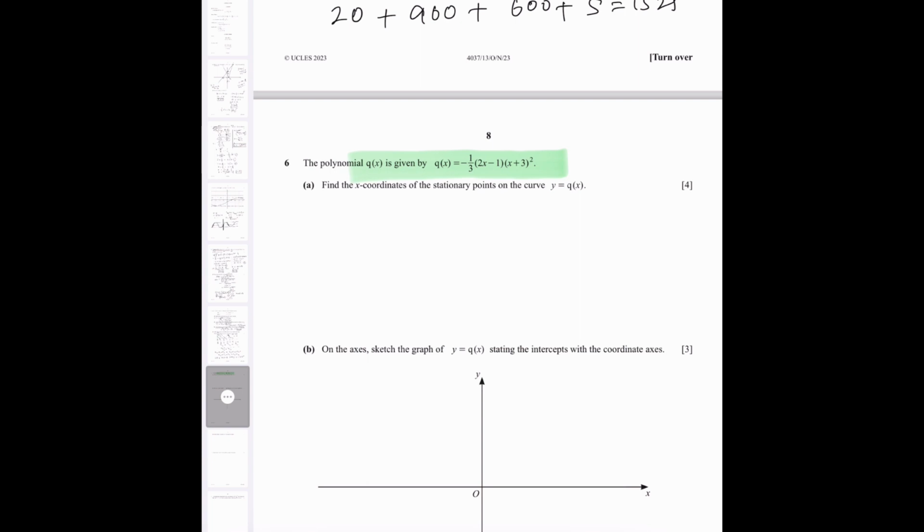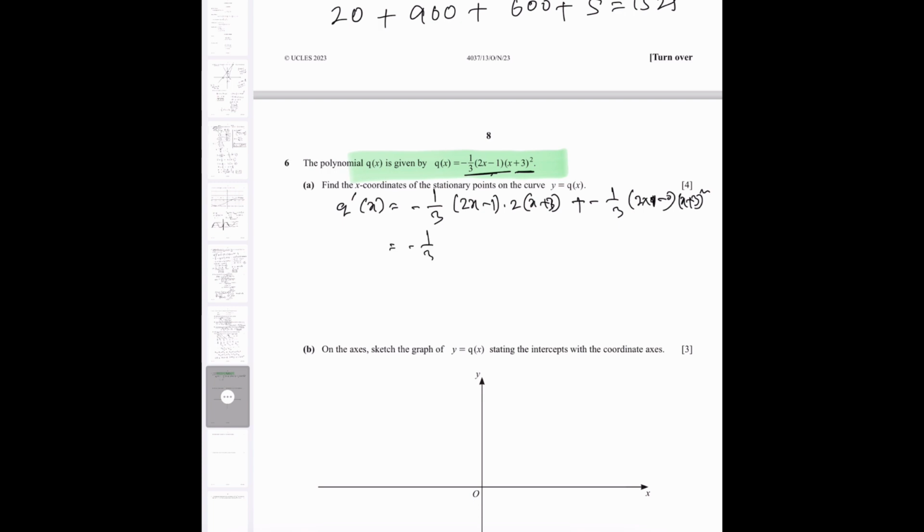So to find the stationary points, we need to differentiate. q'(x), since it is in product form, q'(x) equals minus 1 by 3 times (2x minus 1) times 2 times (x plus 3), plus minus 1 by 3 times 2 times (x plus 3) whole squared.